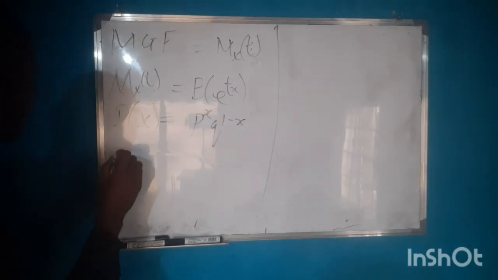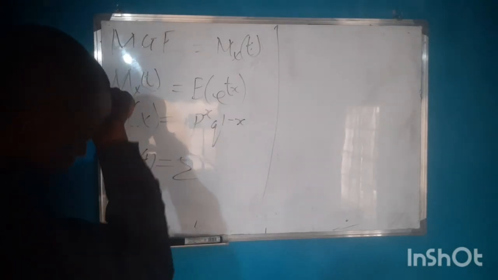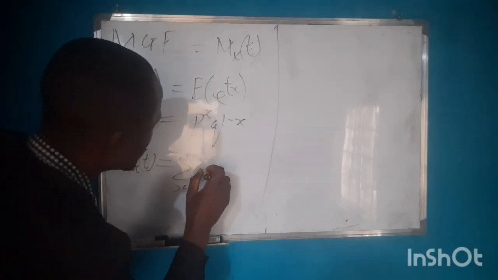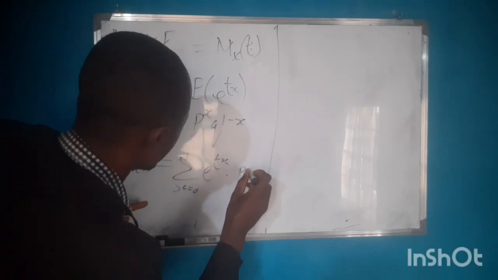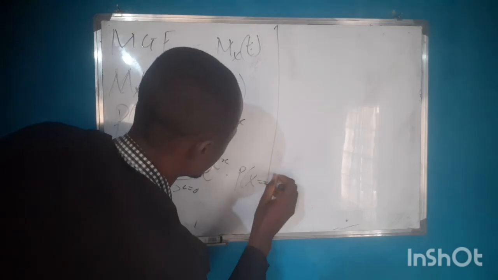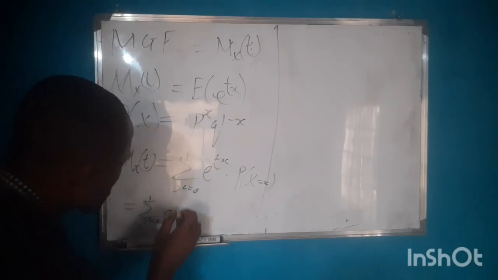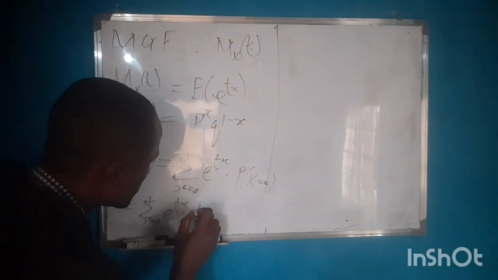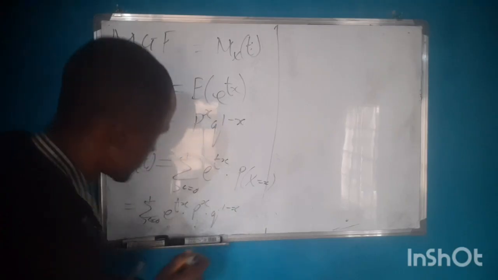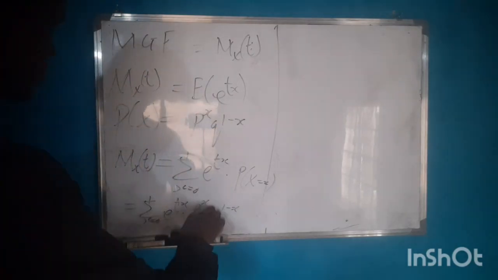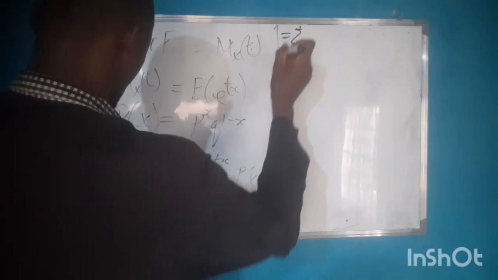So our MGF now is equal to the summation as x equals 0 to 1 of exponential tx multiplied by the probability of x equal to small x. This is equal to the summation as x equals 0 to 1 of exponential tx multiplied by p raised to power x multiplied by q raised to power 1 minus x.